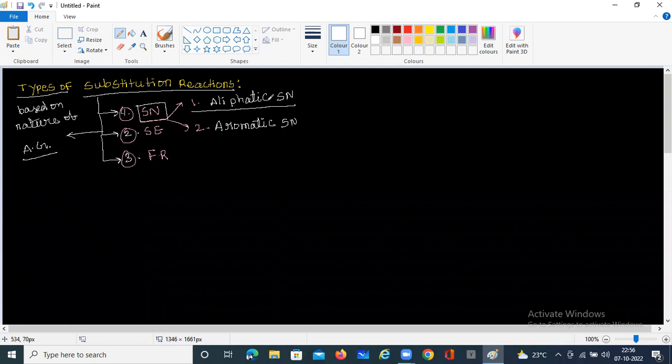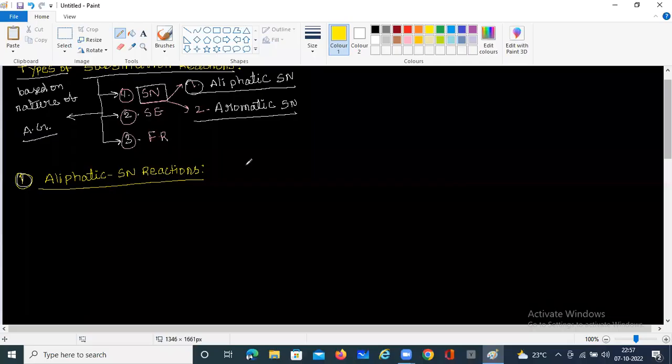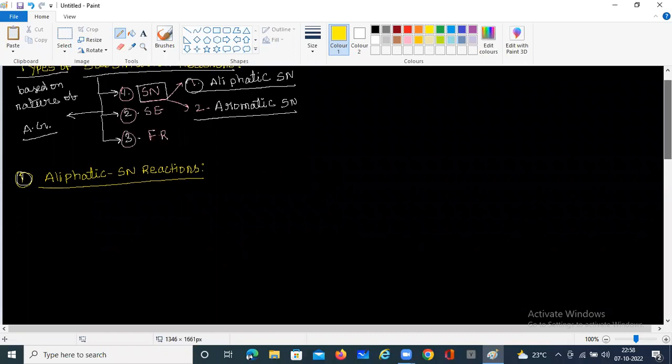The second is aromatic nucleophilic substitution reaction. Here we first need to learn about aliphatic nucleophilic substitution reactions.